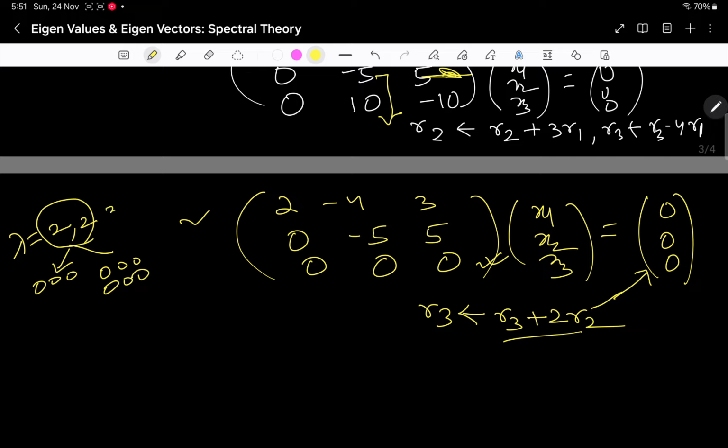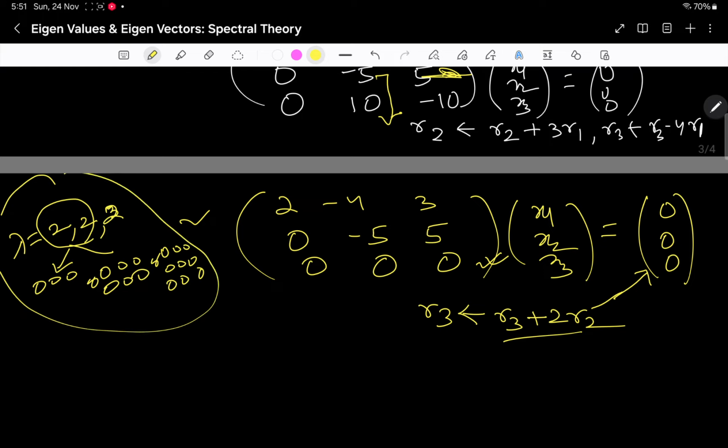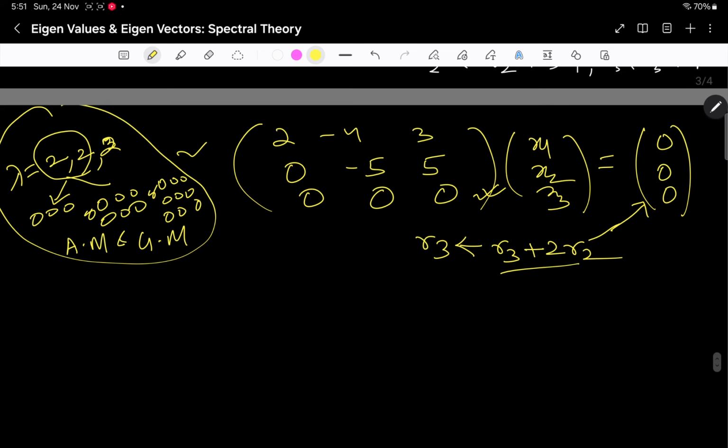If it is repeated 3 times, then the chances are we may get either this, this or this. Later on I will discuss algebraic multiplicity and geometric multiplicity. But here you note that since the eigenvalue is repeated once, while we find the eigenvector, one row is 0 and we get one independent row.